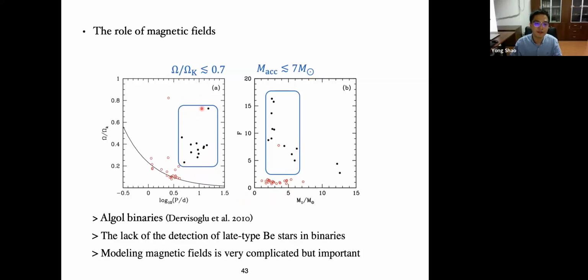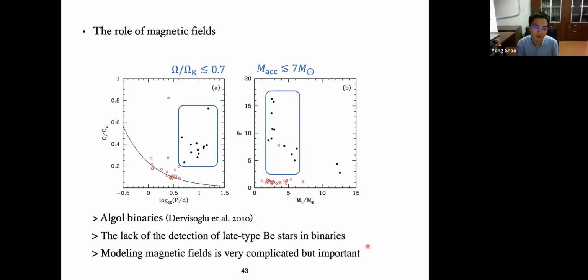This relatively low angular velocity can be explained by the existence of magnetic fields. So it is possible that the lack of detection of Be type stars in binaries is due to the existence of magnetic fields.